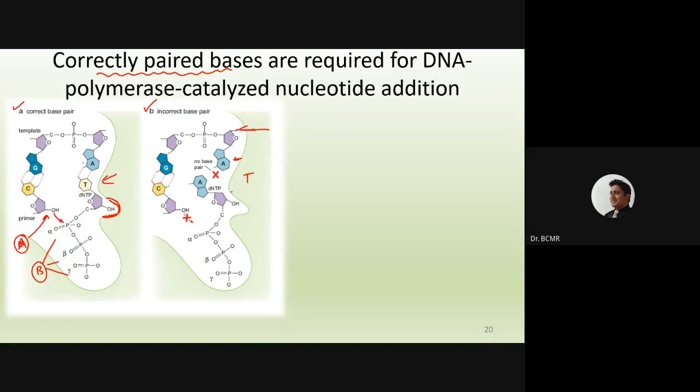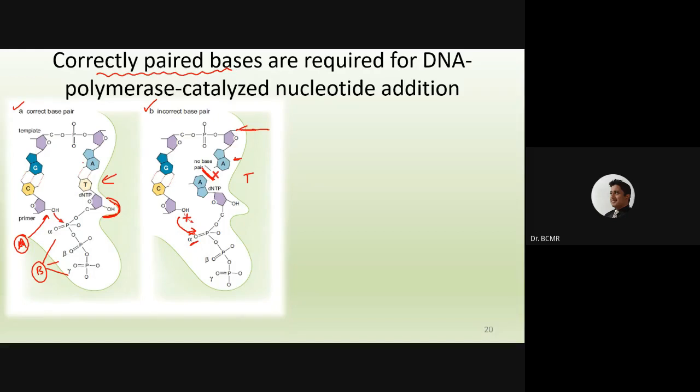If the base pairing between them is not proper, then the 3' OH is not close enough to make a nucleophilic attack on the alpha phosphate.